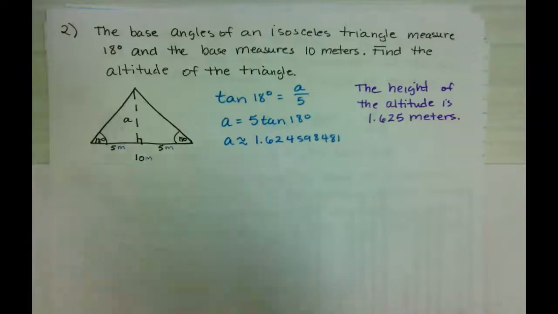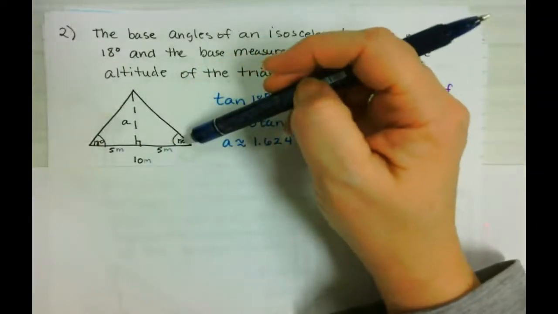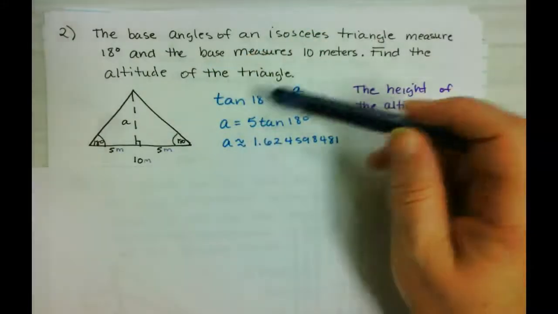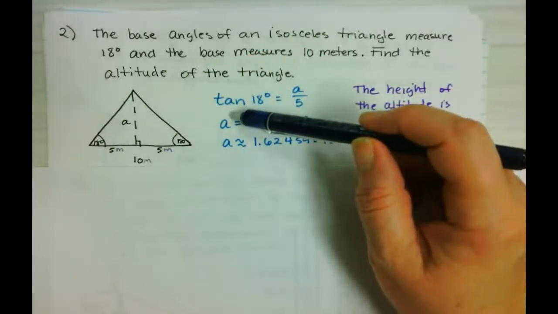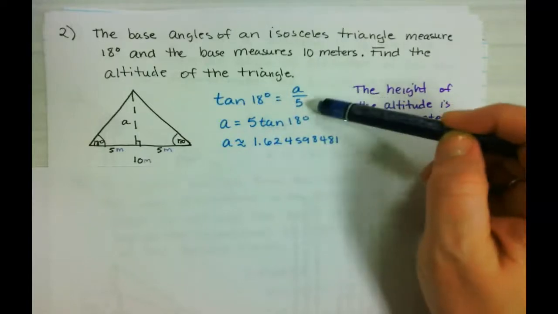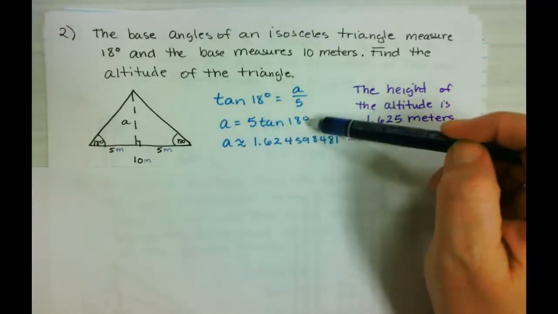So remember, this does have a unit here, here, and here. All right, so I have an angle, so you can decide which way you want to go from. I'm going to go from here, which means I'm looking at the opposite, and I have the adjacent, so that means I'm using tangent again. We tend to use that one a lot. And so it's tan of 18 degrees equals A over 5. Rewrite it so A is by itself. So I get 5 tan 18 degrees.